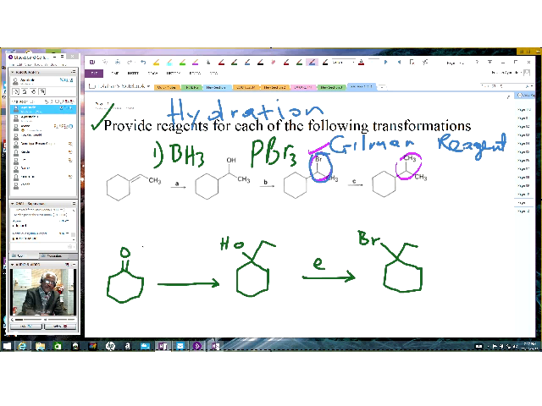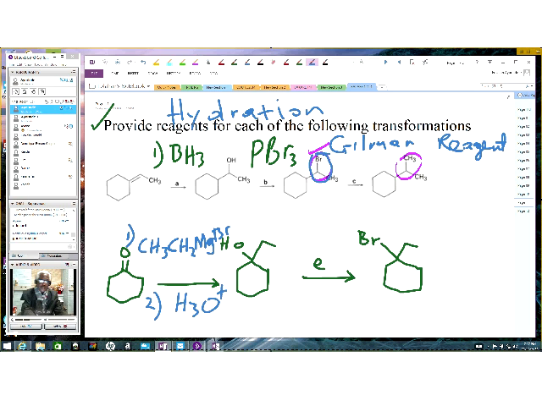To be this here. We are going to use an ethyl magnesium bromide as our Grignard reagent. That would be step 1. And then step 2, you add hydronium ion.